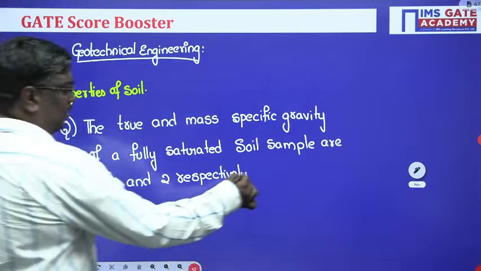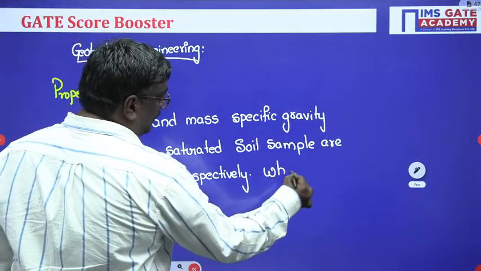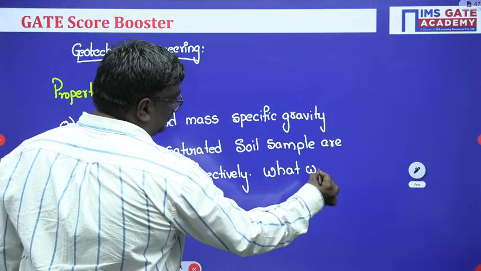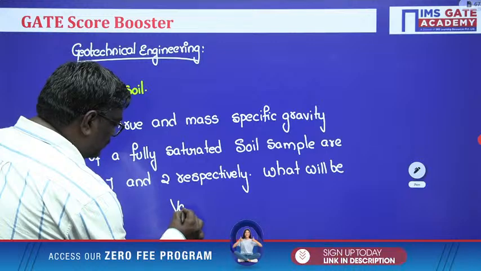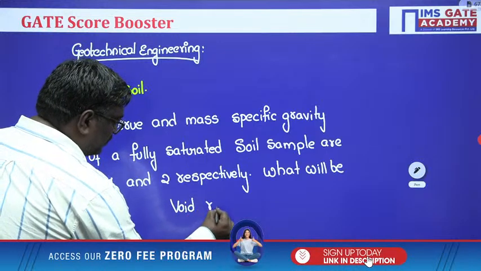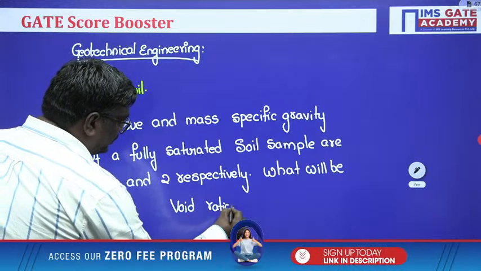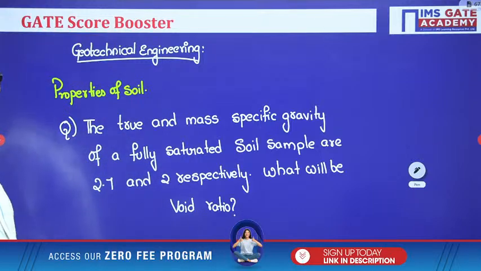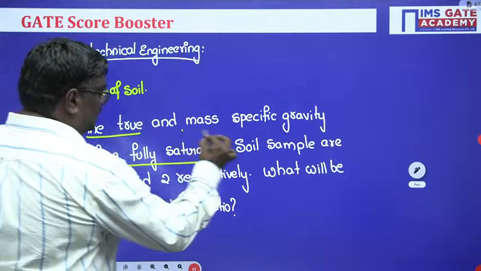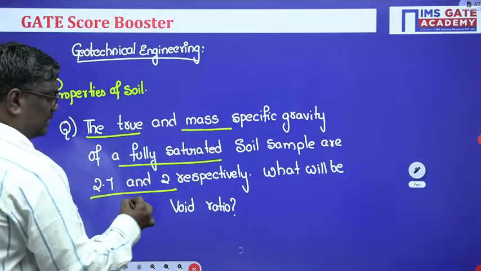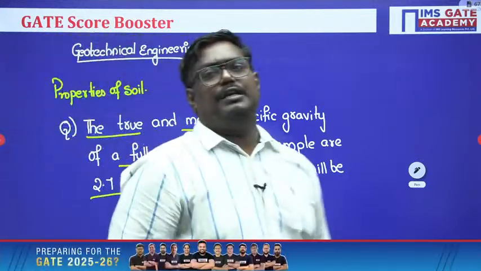What will be the void ratio? Very simple question, but try to solve that question. What will be the void ratio? They have given you the true specific gravity and the mass specific gravity of a fully saturated sample as 2.7 and 2. What is the void ratio? Okay.